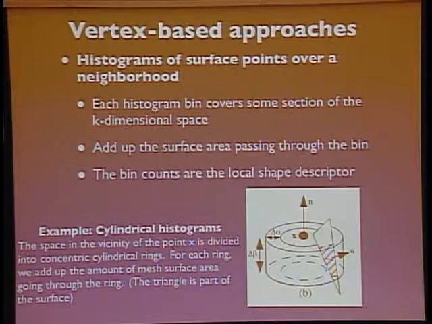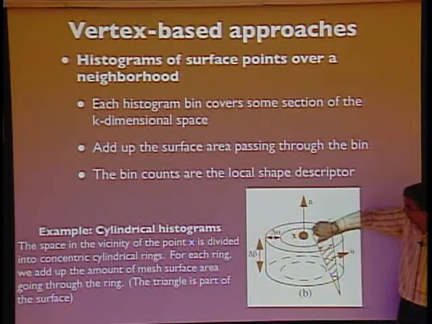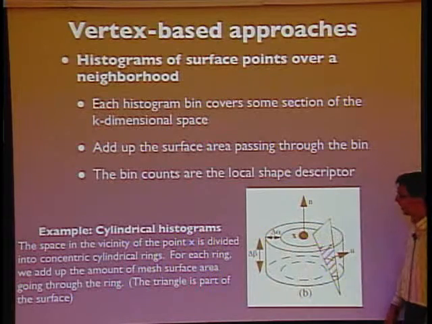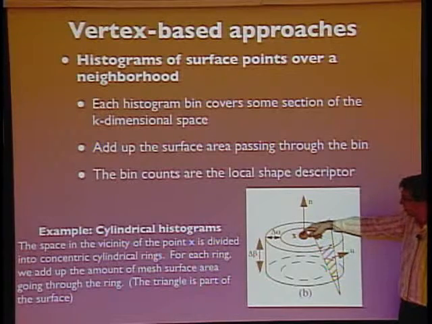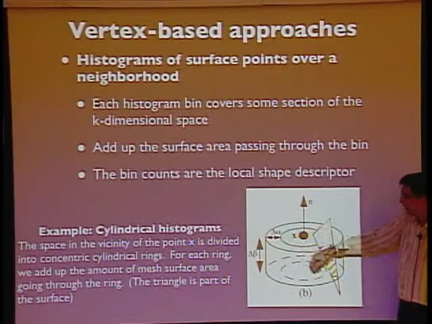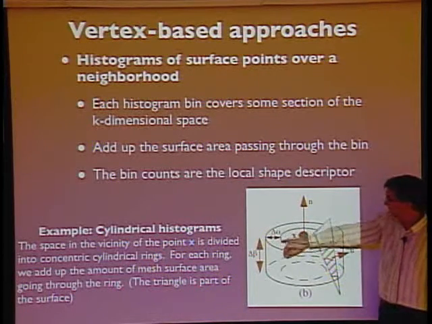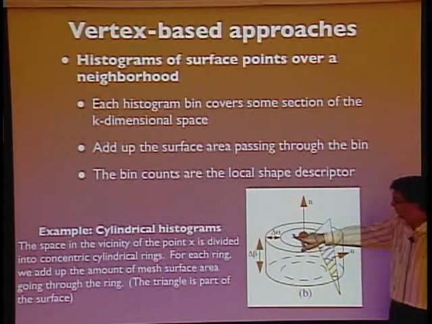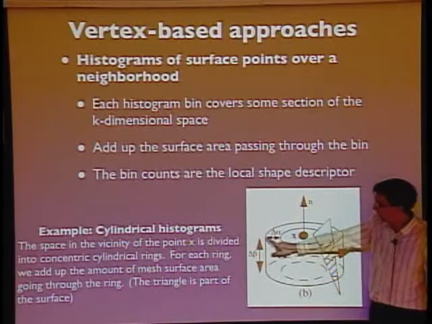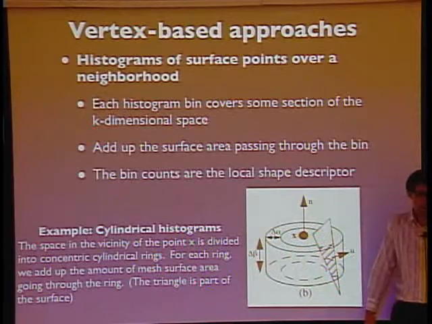Well, one thing we can do, as we are doing our 360-degree turn around the object, is count how many surface points are a certain distance away from us. And I will call that alpha. So I will count how many points in the neighborhood around us are a distance between alpha and alpha plus delta alpha away. So this is a band of distance away from us where I'm counting up how many points there are.